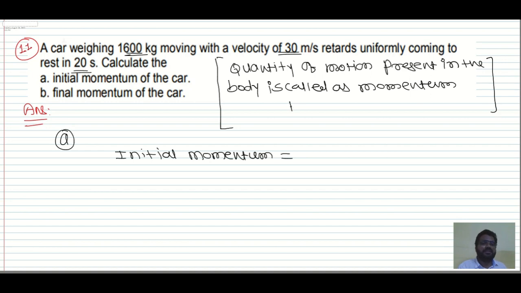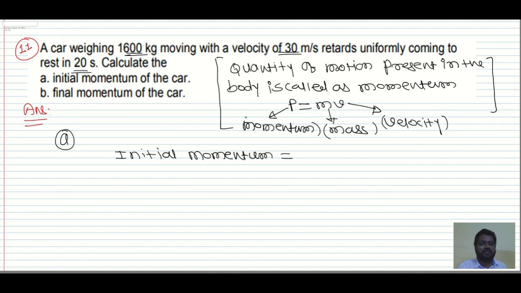It is represented by P, and its mathematical expression is m into v. P is momentum, m is mass, and v is velocity.